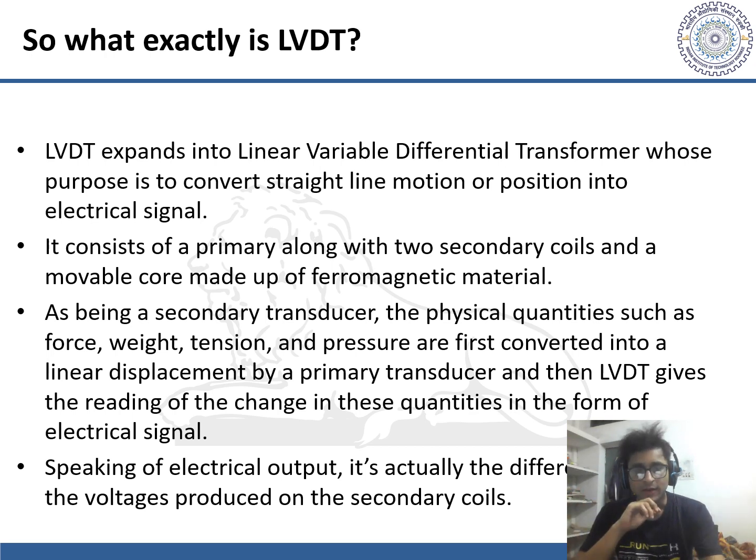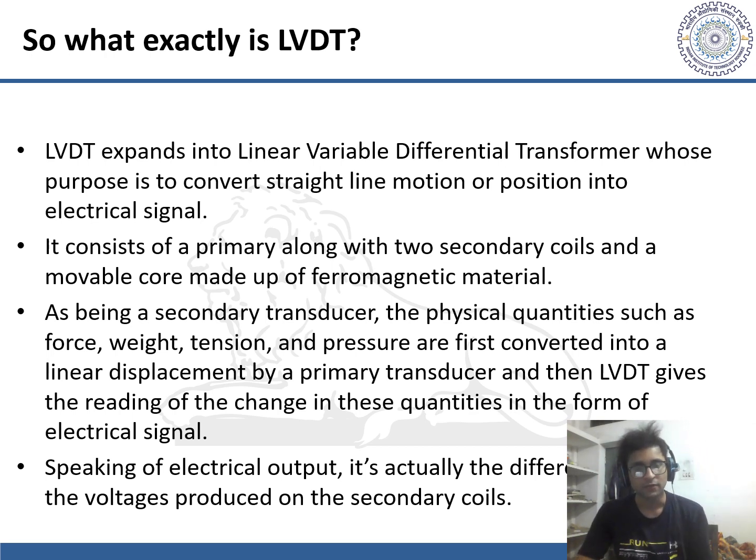So it consists of a primary along with two secondary coils and a movable core made up of ferromagnetic material. As a secondary transducer, the physical quantities such as force, weight, tension, and pressure are first converted into linear displacement by a primary transducer, and then LVDT gives the reading of the change in these quantities in the form of electrical signals.